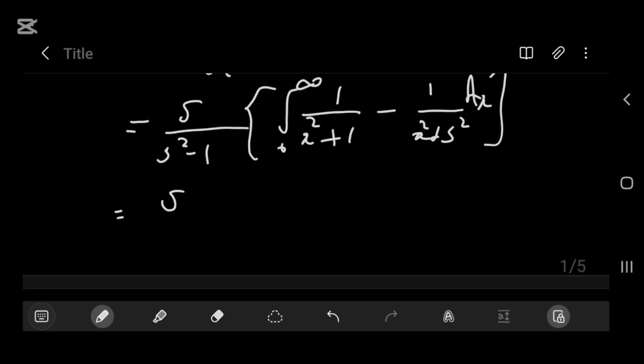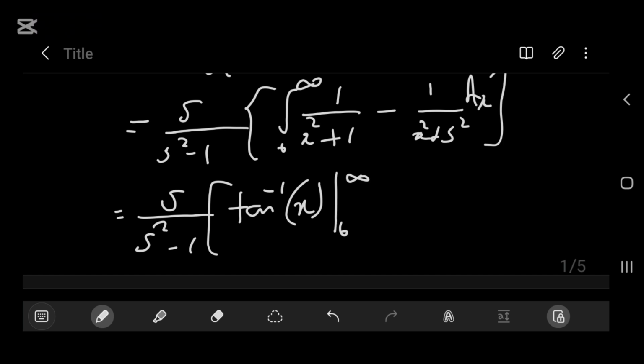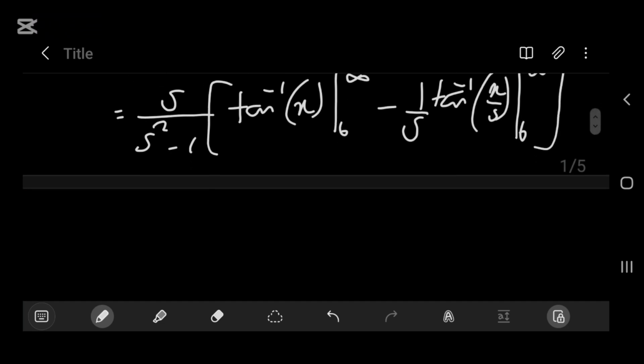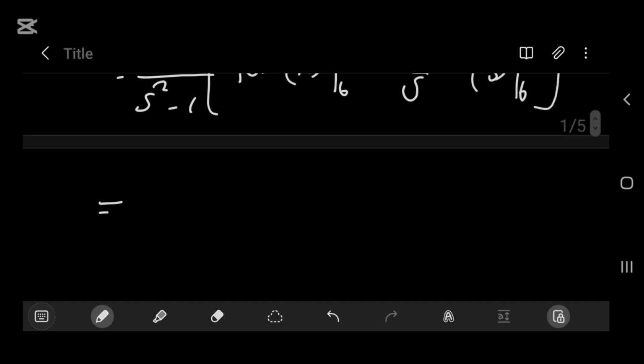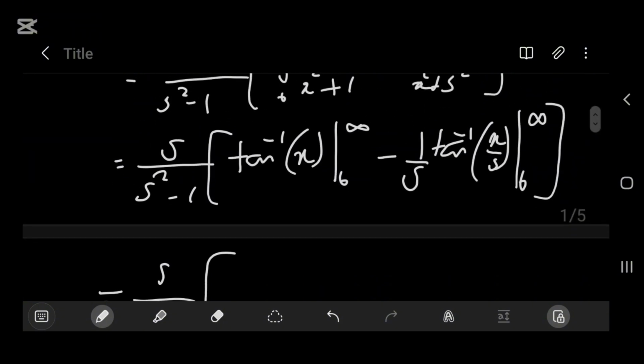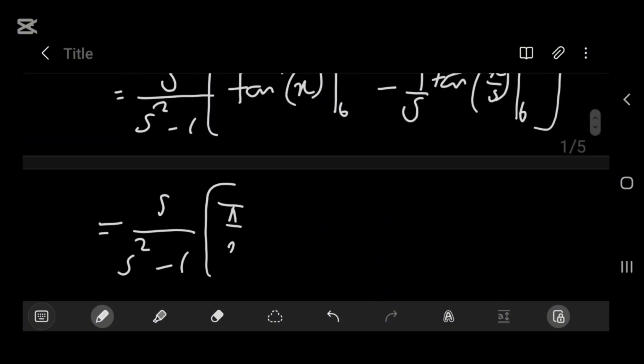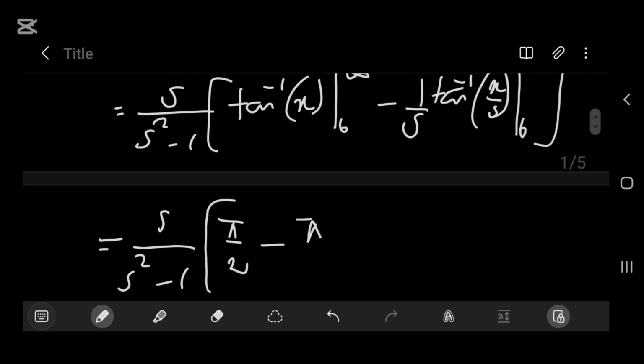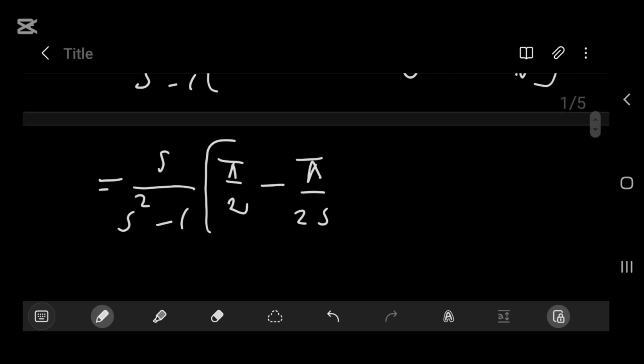Well, we know that this is tan inverse of x minus 1 over s tan inverse of x over s, from 0 to infinity. Plugging in the values, tan inverse of infinity gives pi by 2, and the other value becomes 0, same as here. So we're left with pi over 2s.